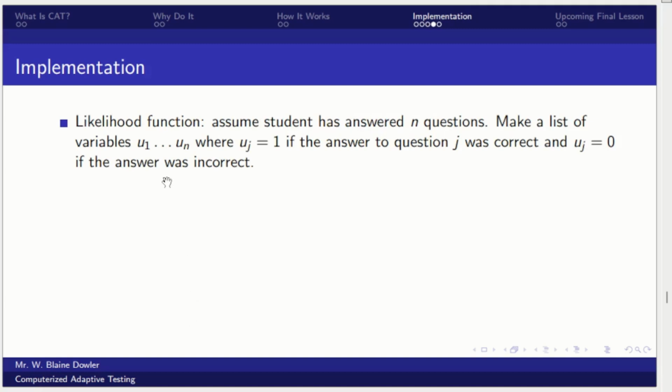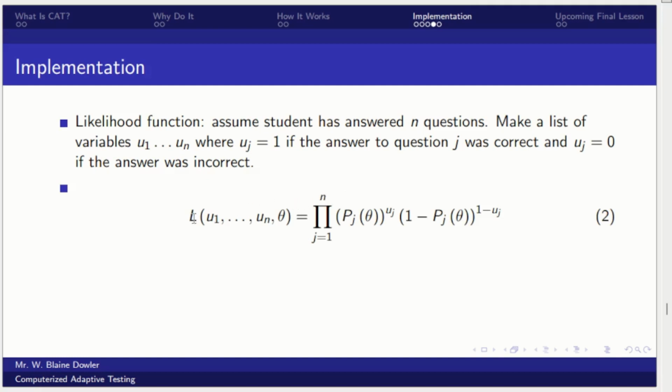So the likelihood function itself, assume that the student has answered n questions. That's just the number of questions so far. You make a list of all the variables, u1 through un, where each variable is 1 if they answered that question correctly, and 0 if it was incorrect. So if they have answered 2 questions so far, they got the first right and the second wrong, u1 is 1, u2 is 0.